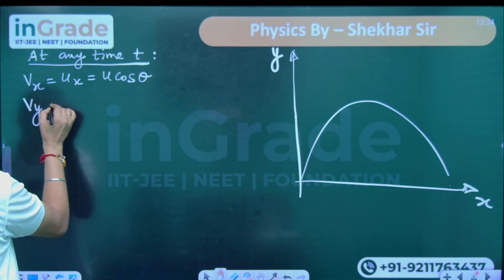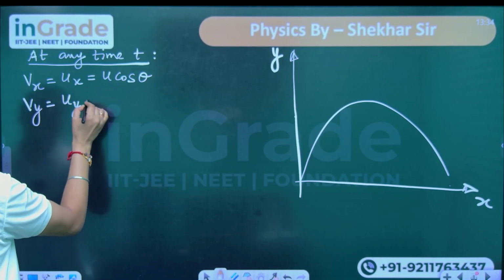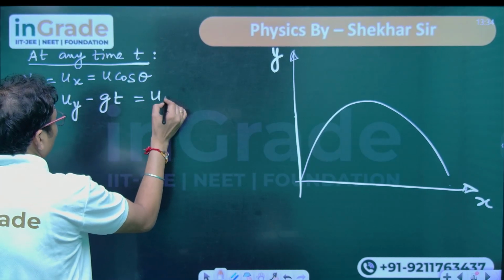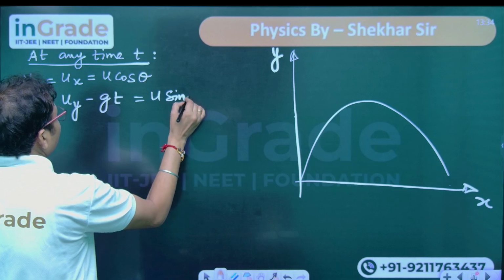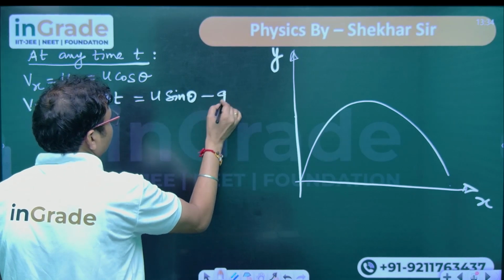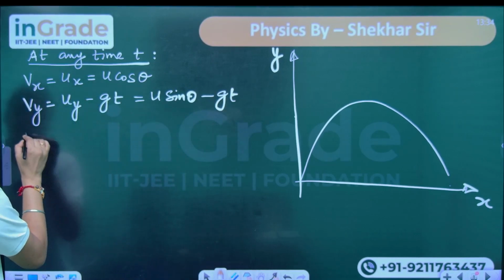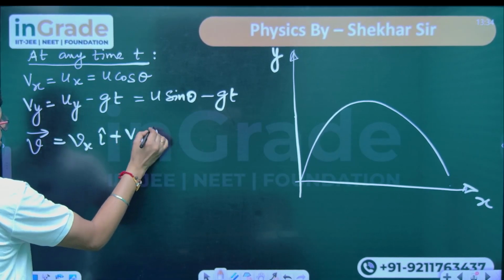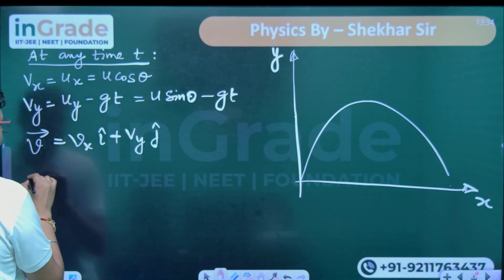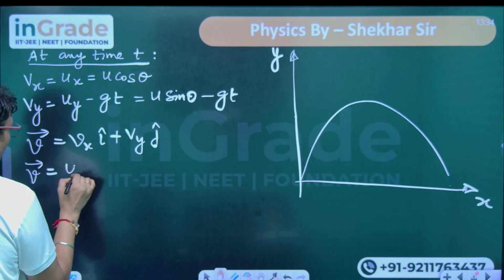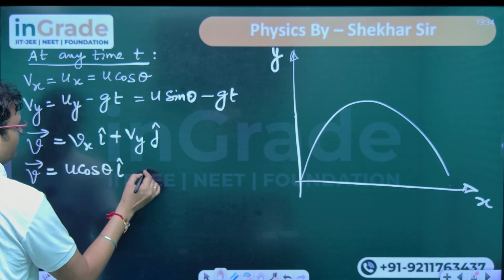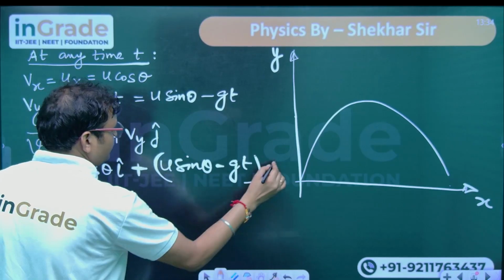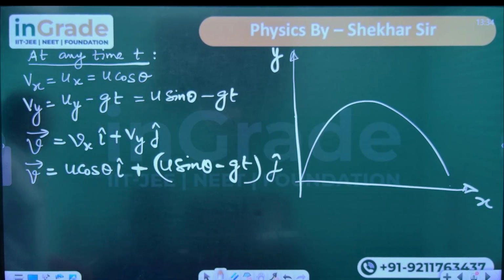And Vy is Uy minus g t, which is u sin theta minus g t. So the velocity vector, Vx i cap plus Vy j cap, can be written as u cos theta i cap plus (u sin theta minus g t) j cap. This will be the velocity.